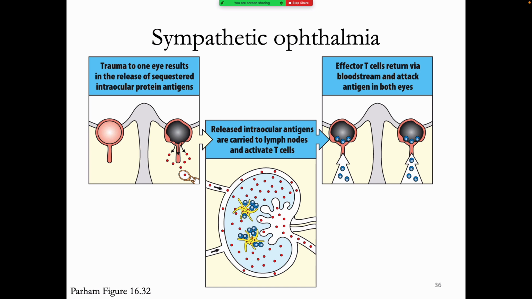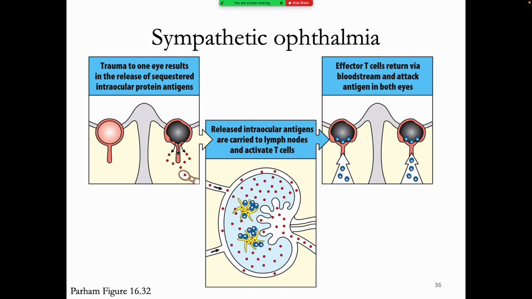So the idea here is that there may be a situation where someone has trauma to one of their eyes. And this is like you get stabbed in the eye kind of trauma, to the point where you actually are breaking membranes behind the eye. And suddenly eye antigens are released from the eye into the vessels behind the eye.